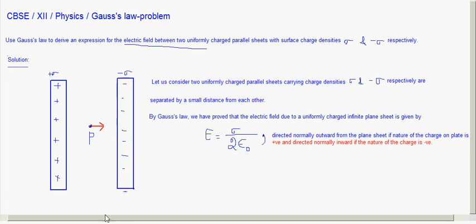Let me say this due to the left sheet is E1, and the right side sheet is negatively charged, so the field is inward, so E2 will be due to the plate on the right side which is negatively charged. So in this case both E1 and E2 are in the same direction.